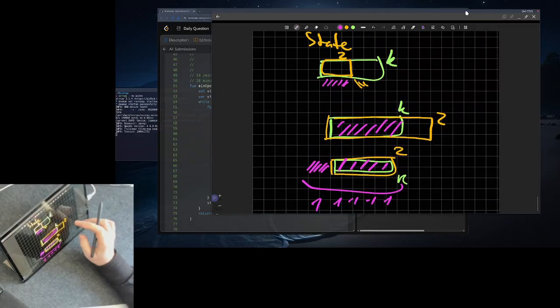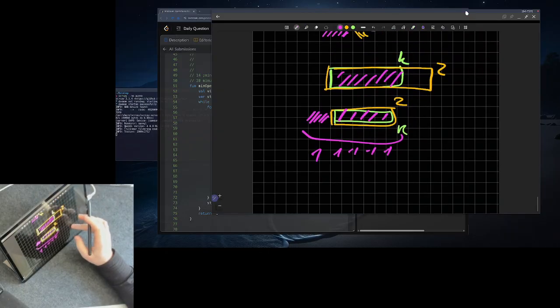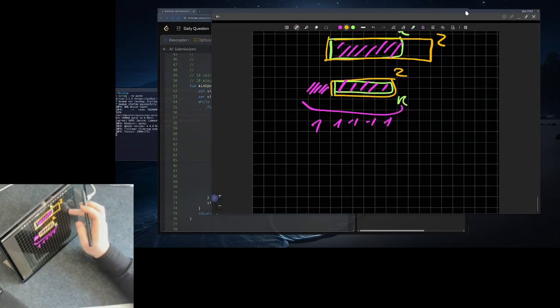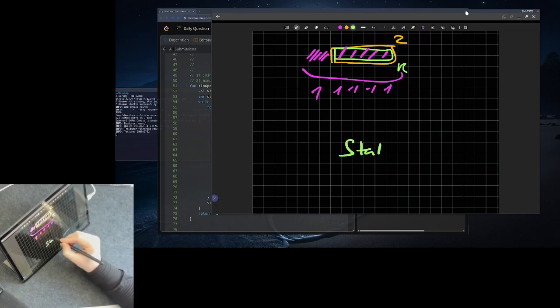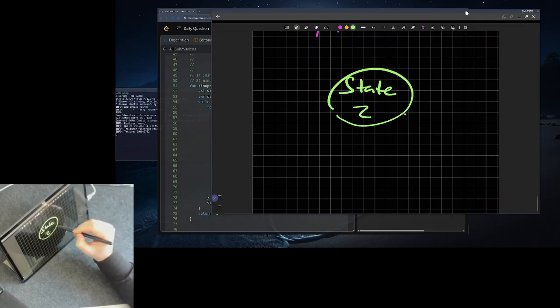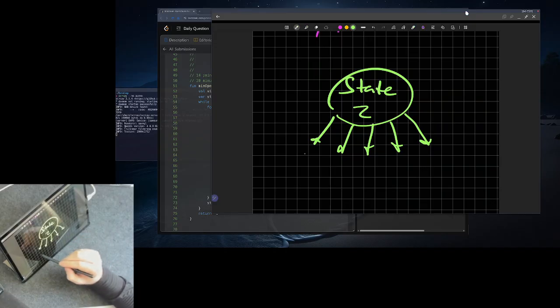So that means we have some transitions from the current state, the number of zeros, and we can go to some other states. So we can convert just one single zero, convert 2 zeros, convert 3 zeros, and so on.